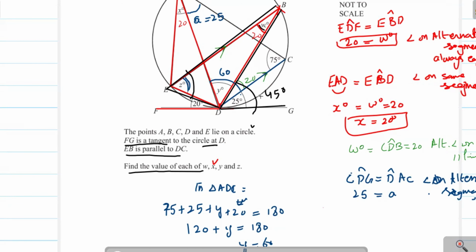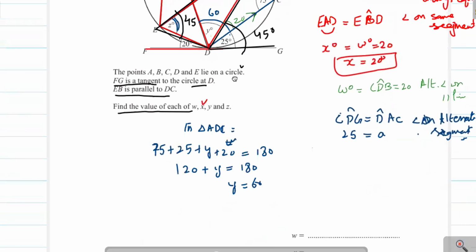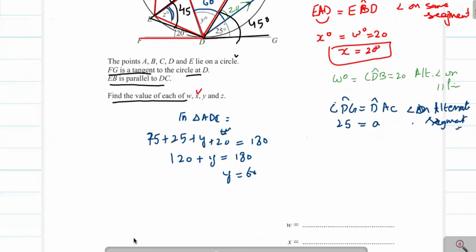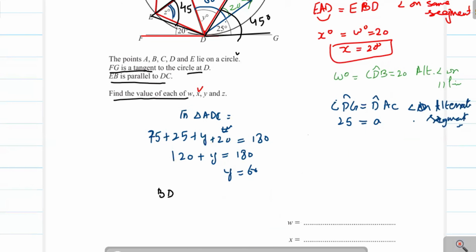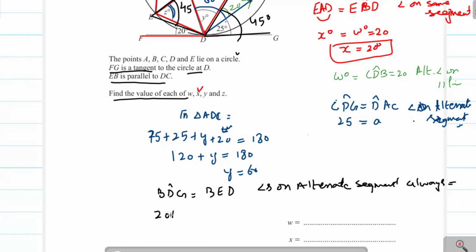Now we use the property: angle BDG will be equal to angle BED, because angles in the alternate segment are always equal. BDG is 20 plus 25, and angle BED is Z degrees, therefore Z will be equal to 45.